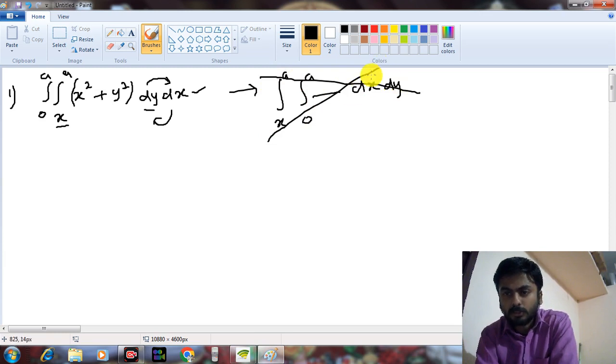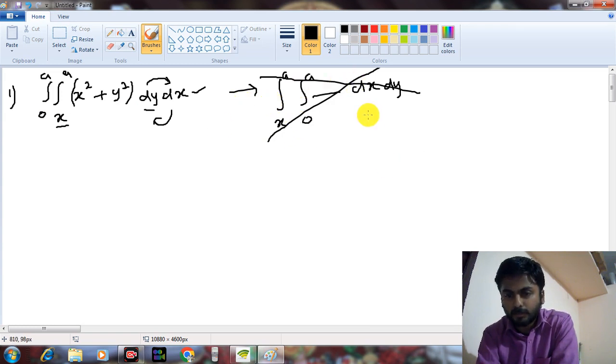So when changing the order of integration, the limits should not be changed simply. We have to find the region of integration first. That region of integration should be found for the given integral, and after that we change it to the order we take in the second step. That is very important.